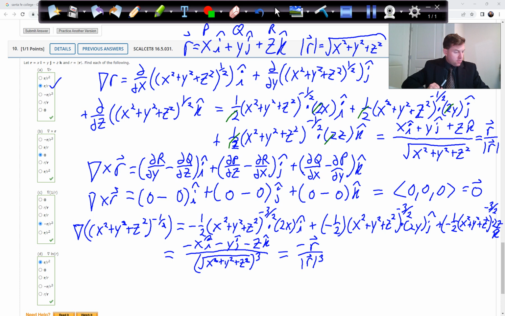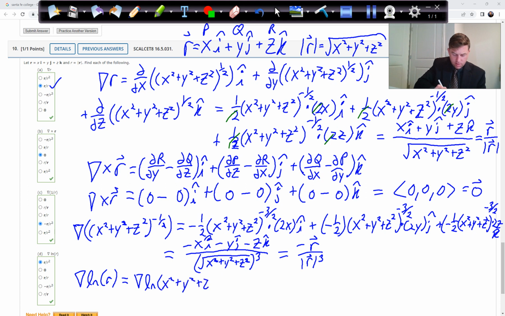Okay, now for the natural log. So now we're doing the gradient of the natural log of r. And it's the scalar r, not the vector, just like these other ones were. So it's going to be the gradient of the natural log of x squared plus y squared plus z squared raised to the 1/2 power.